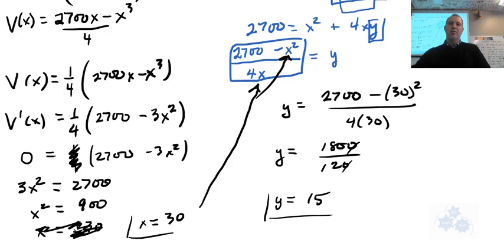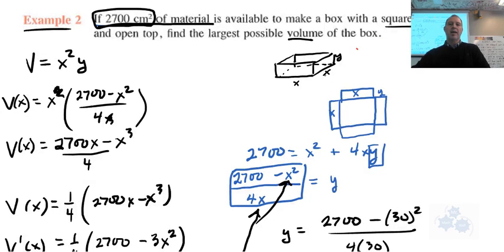So I don't know if you guys noticed in the first example we did that the optimization kind of came where the dimensions were sort of similar to each other. If you have a really skinny box, actually this has got to be a square bottom, I guess.